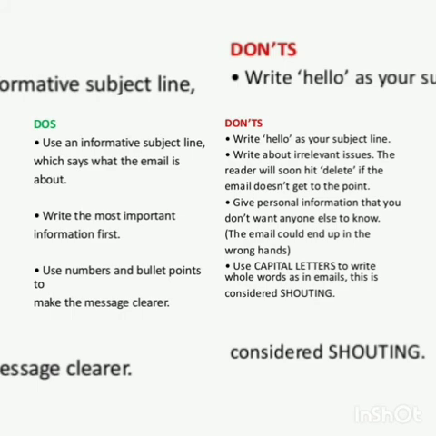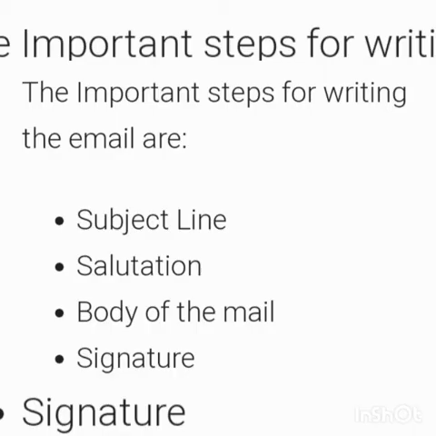You can present your information point-wise, and irrelevant issues should be avoided. Personal information should not take a place in email writing, and capital letters should not be allowed. It should be informative and according to the subject, and numbers and bullet points can be included for the message to be very clear.